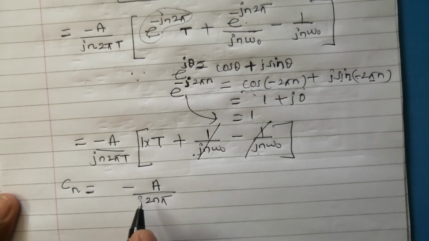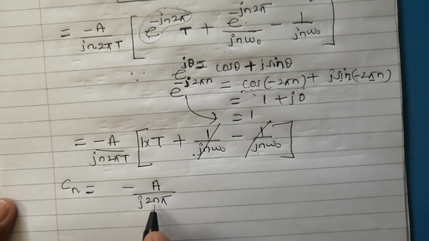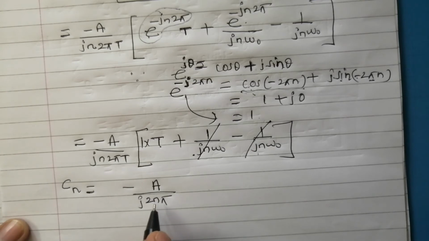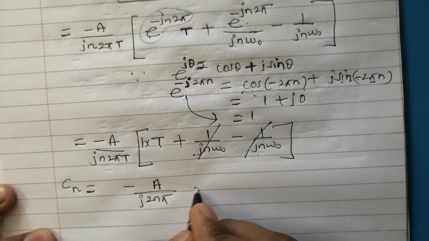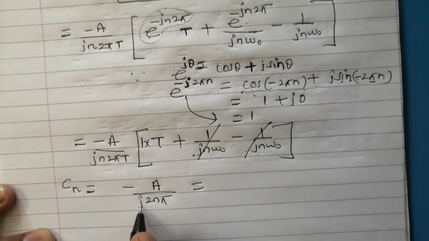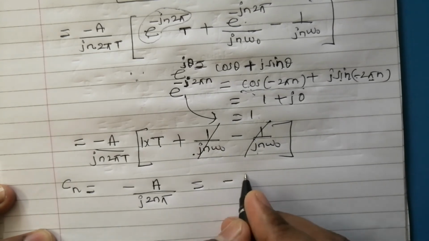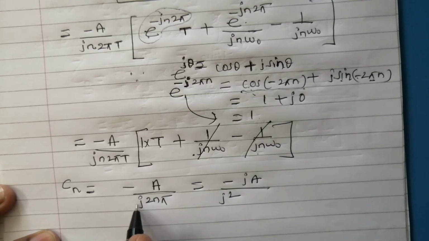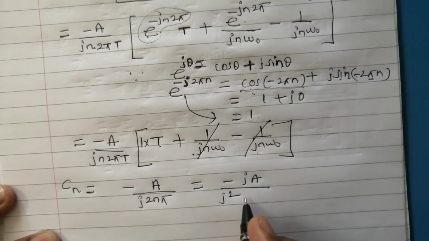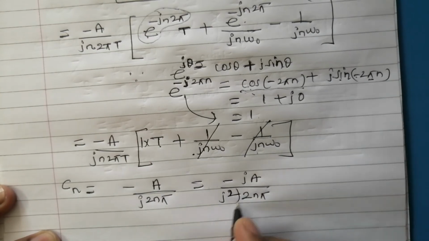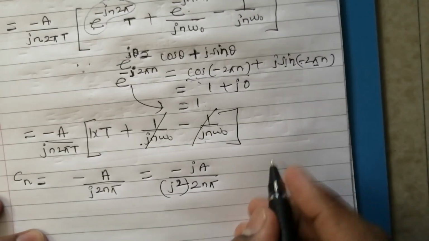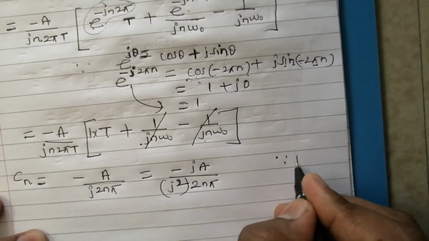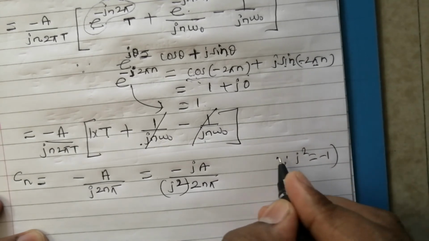So minus A upon j 2n pi. We can simplify this also. Suppose we multiply with j in numerator and denominator, what do we get? j square in the denominator, j square 2n pi. What is j square? We know that j square equals minus 1.